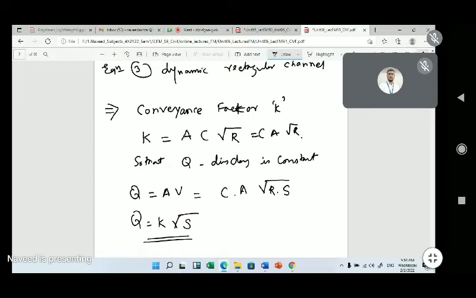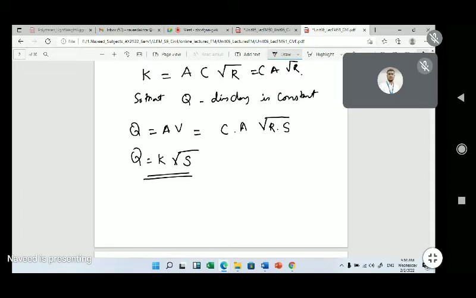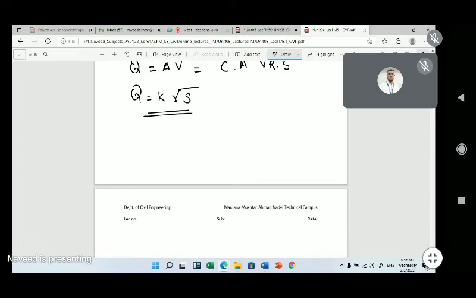And if K is equal to Kn, that is, the actual depth, first you should know that Y is the actual depth of flow. This you should remember.